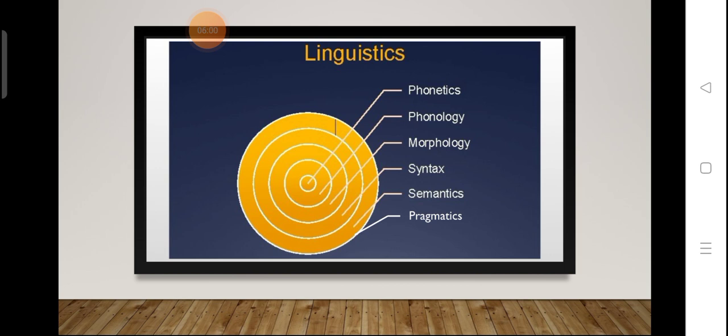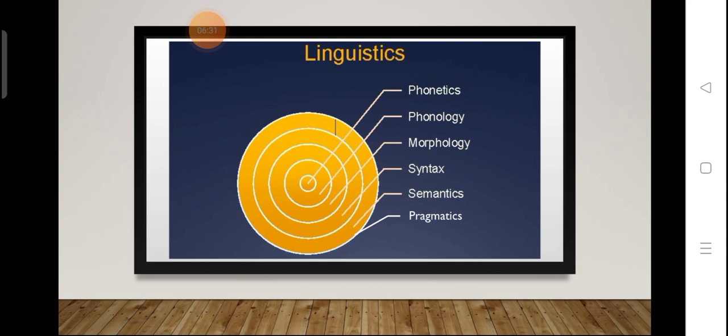Again, certain combinatory possibilities, like when one particular sound is combined with another sound, one remains silent. So, which are the sounds that can actually come together, which cannot come together? Such properties, specific patterning, the functional behaviors of sounds are studied under phonology. So, phonology is the study of language sound systems.